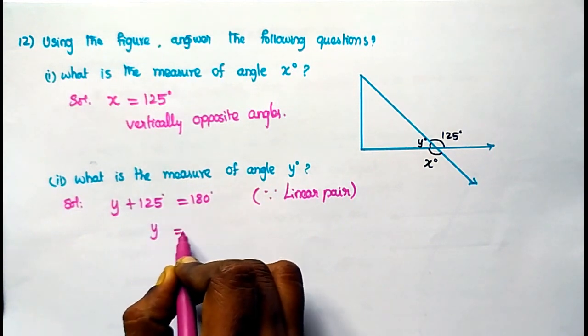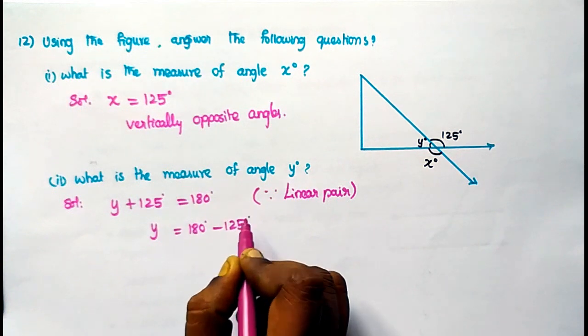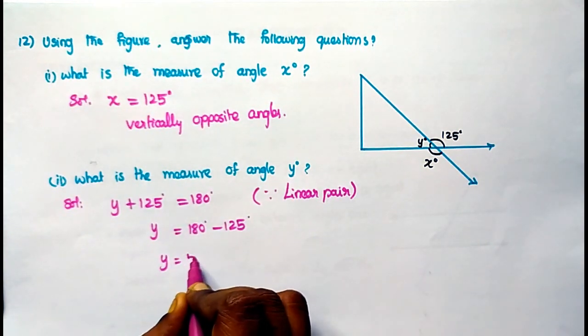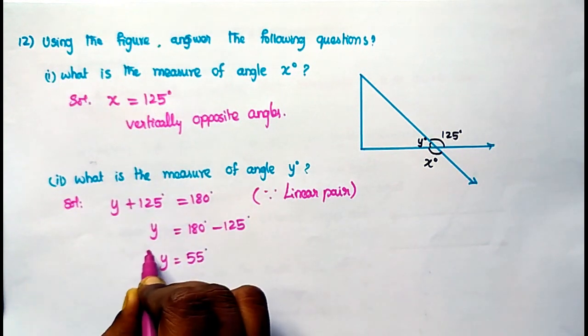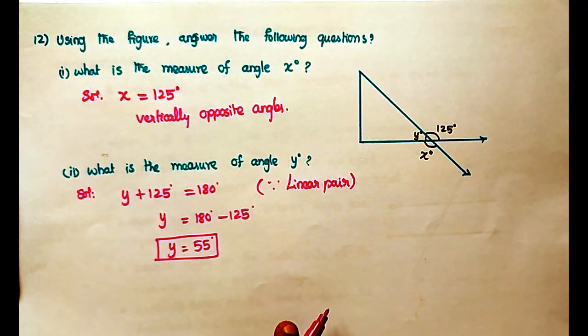So y equal to 180 degree minus 125. So y equal to 55 degree. That is the y value. That is the answer.